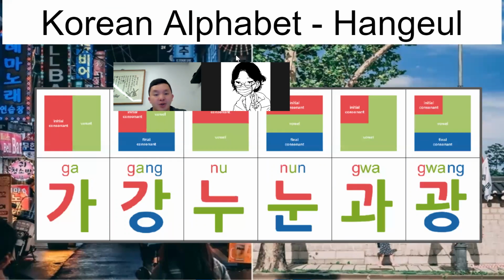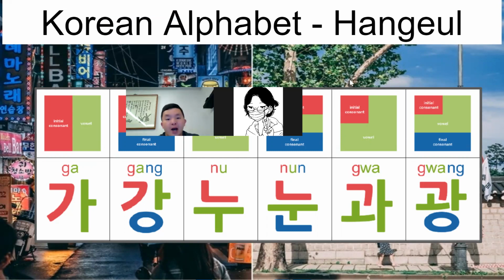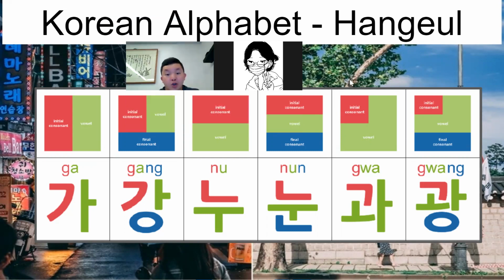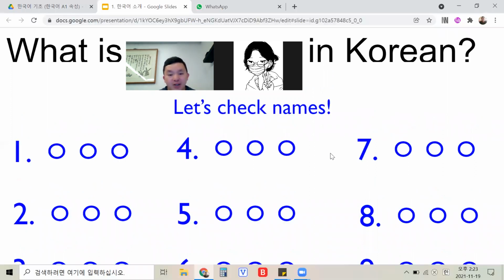Okay. Next presentation. Give me a few seconds. Okay, and now we are going to check how your name is written in Korean. Interesting, actually. So I'm going to write down your name here directly.